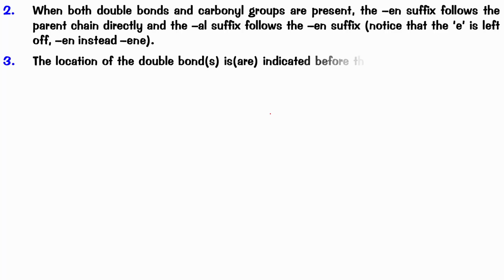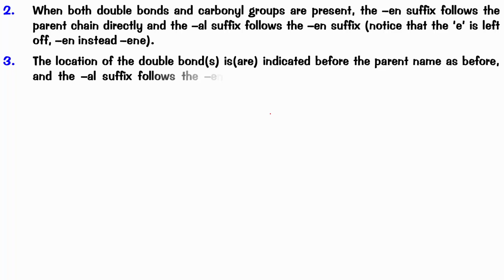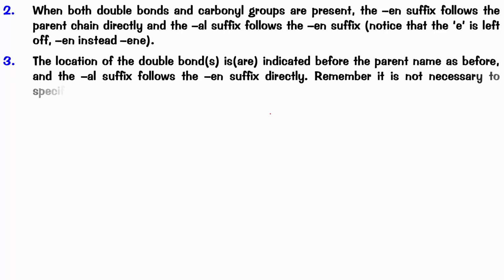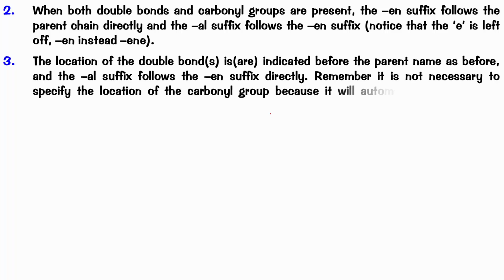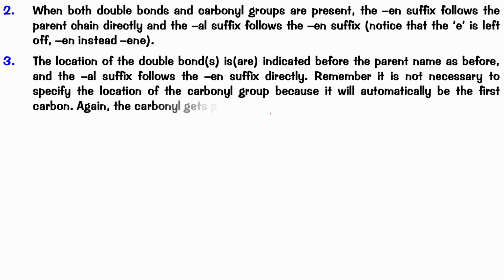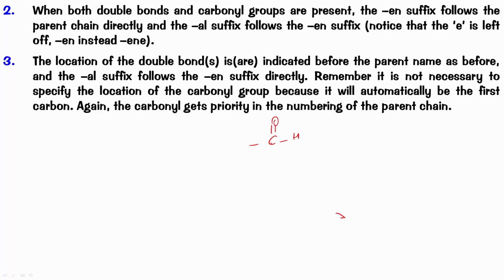Now the location of the double bond is indicated by the numbers, and the al suffix follows the en suffix directly. It is not necessary to mention the number of the carbonyl group. Automatically the first carbonyl carbon will always retain the first position. Remember, in the case of aldehyde and ketone, this particular carbon is called the carbonyl carbon.